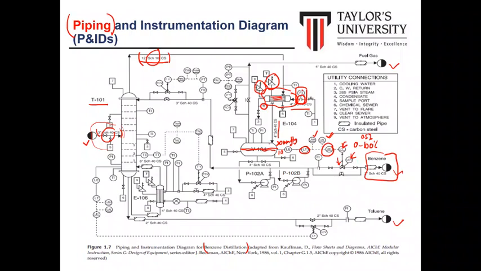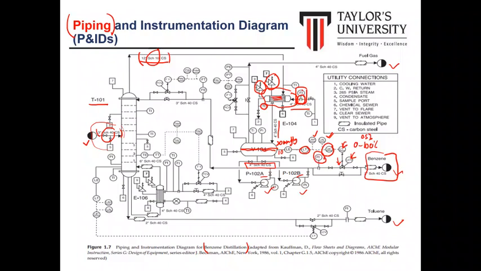Because we also have the recycle back into the tower. So this is the type of piping, including the size and also the material. Since we use two pumps, standby pump A and B, we have two pipings here. Basically, it will give the indicator for a flow indicator.